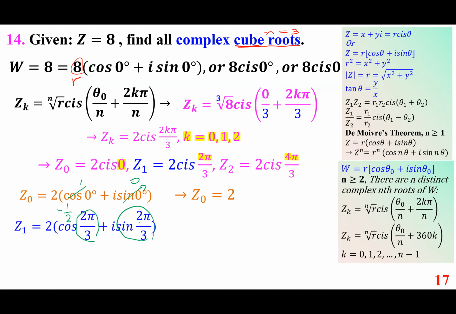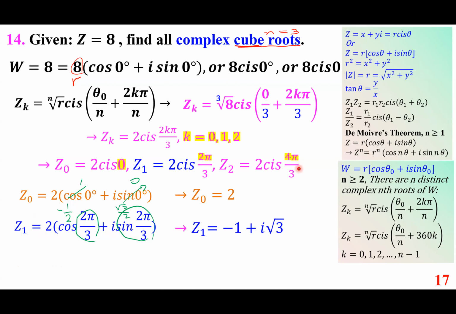However, sine is positive in the second quadrant. So 2 times negative 1/2 makes it negative 1. And 2 times square root of 3 over 2 makes it square root of 3. So it's negative 1 plus i square root of 3.